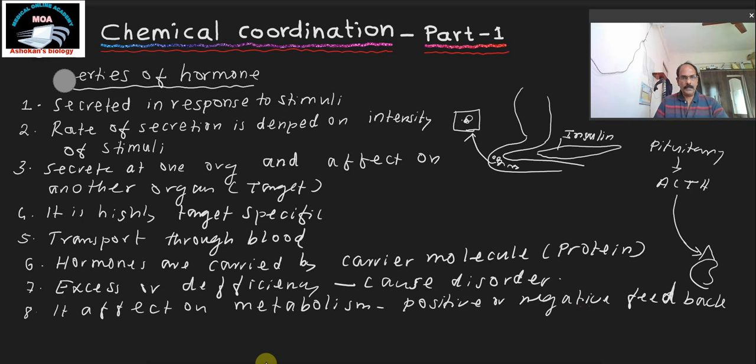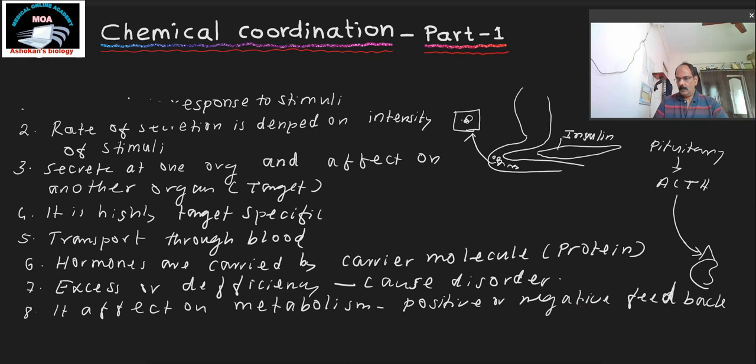Hormone acting mechanism, how the hormones are acting. Before that, let us take a brief idea about the chemistry of the hormones. Chemistry of the hormones means all the hormones are not proteins.